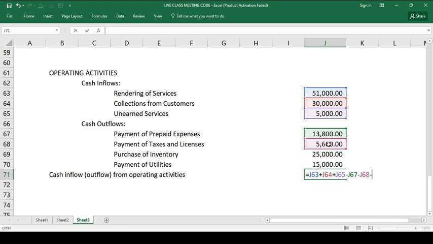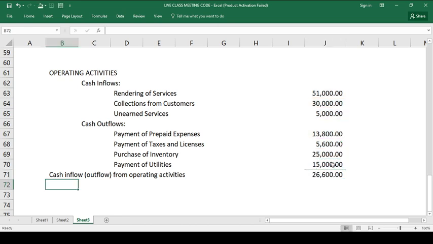Minus the 25,000, minus the 15,000. Lalabas, pag positive, that is a cash inflow from operating activities. Pag negative, that is a cash outflow from operating activities. And that's it. We have a positive balance for operating activities, which is a cash inflow of 26,600.